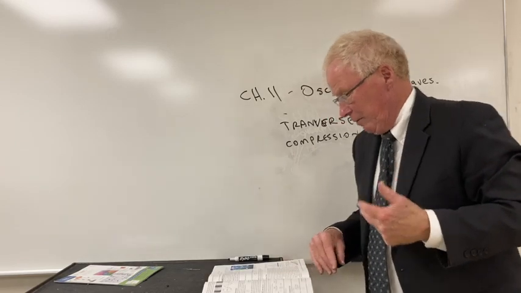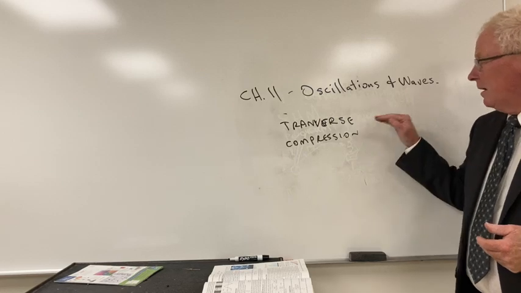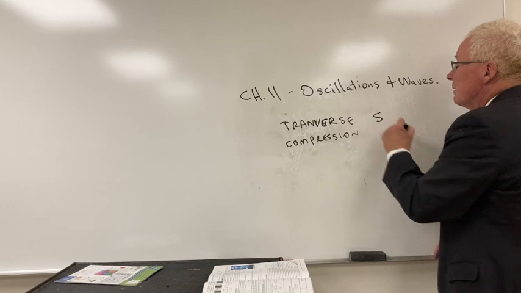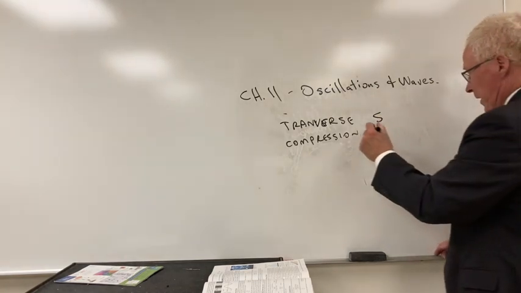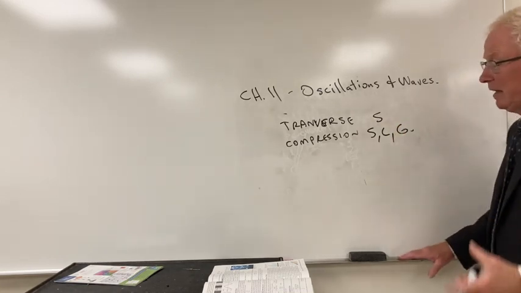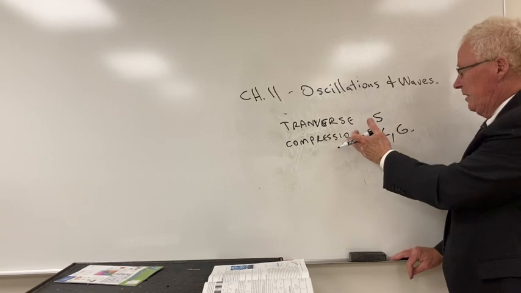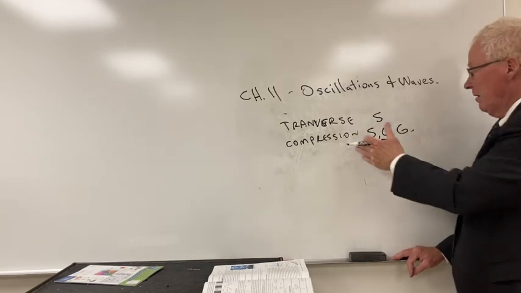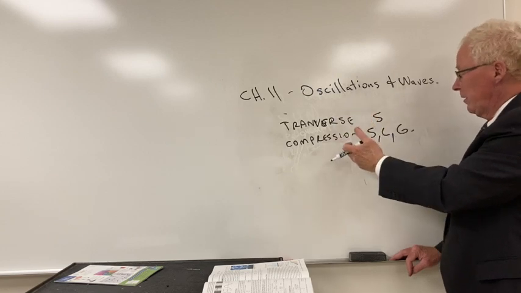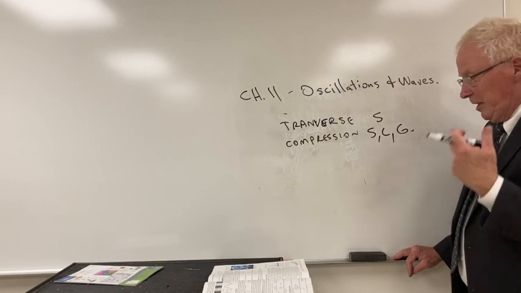And then we also talked about what kind of waves. We talk about earthquakes. A transverse wave can only pass through a solid, and a compression wave can pass through a solid, liquid, or a gas. This is related to why sound waves in air are compression waves, and why in earthquakes, depending on the material, you can determine the characteristics.